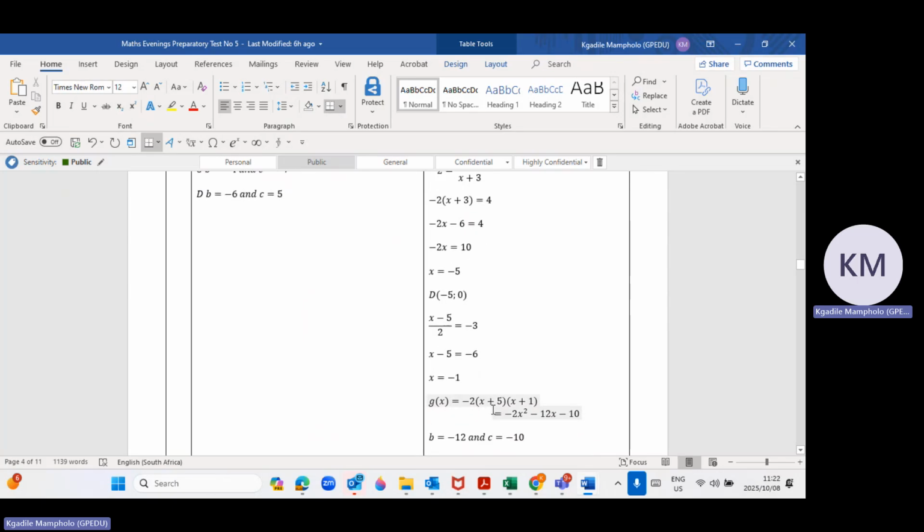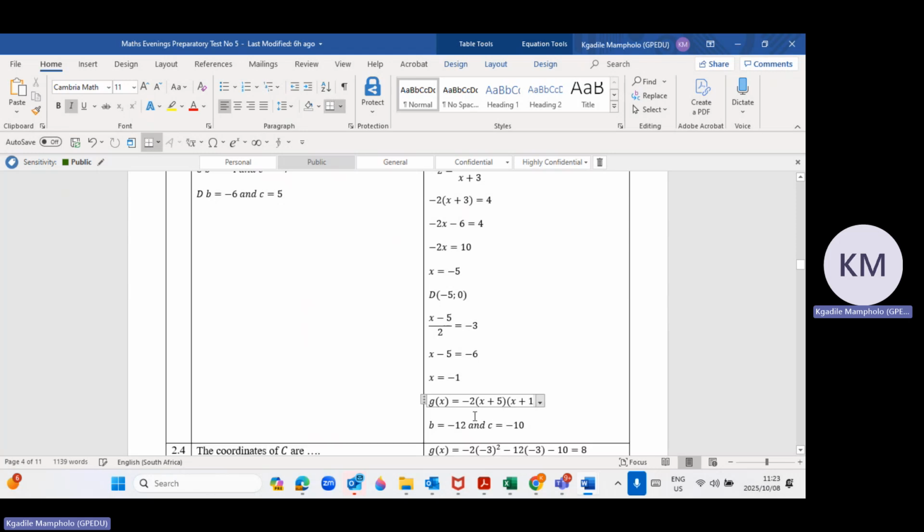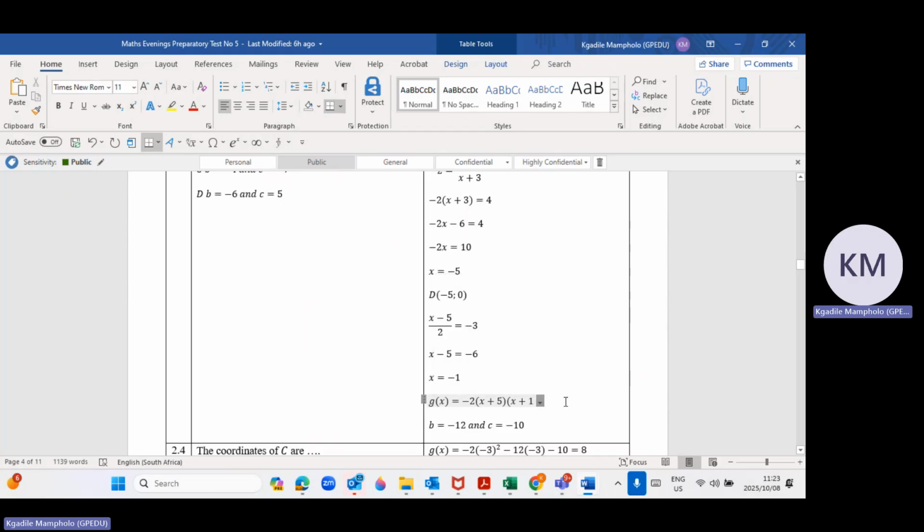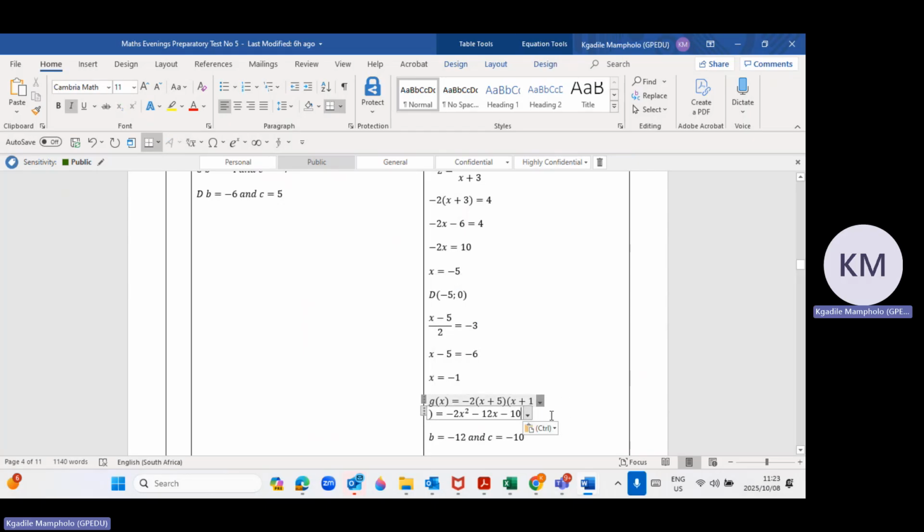Now, you'll have the equation of G. Since now you know the x-intercept, you'll use A into, you'll do this.